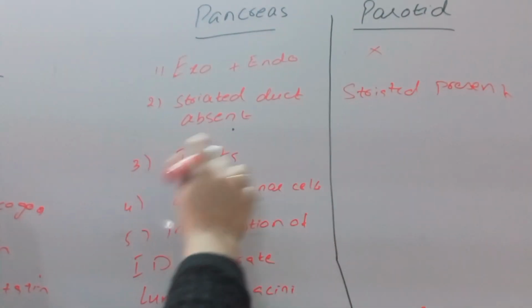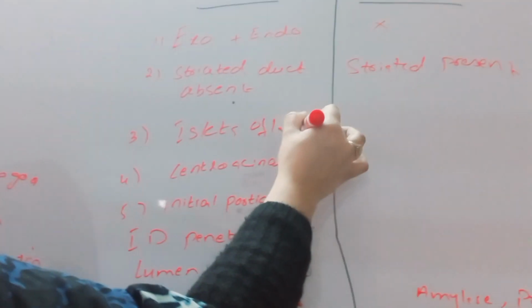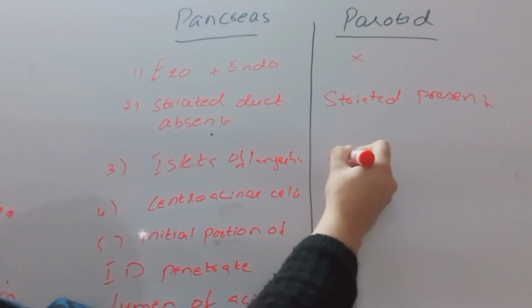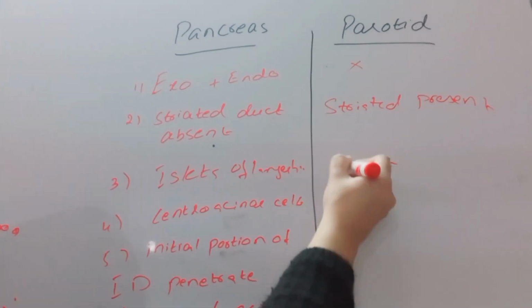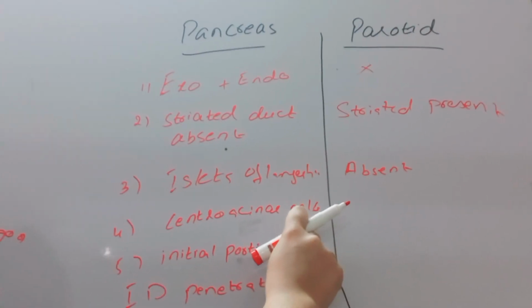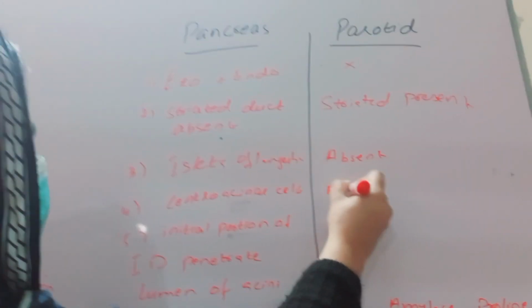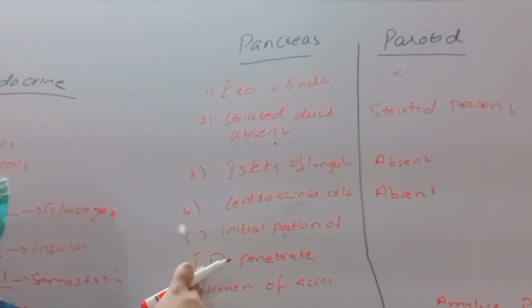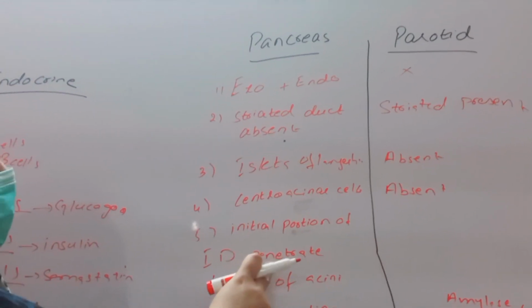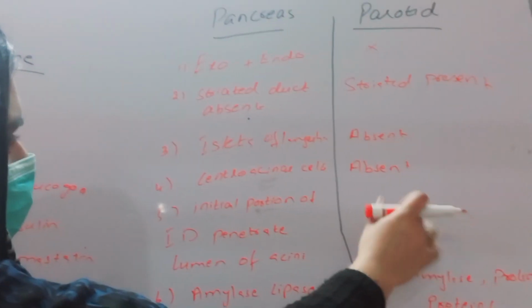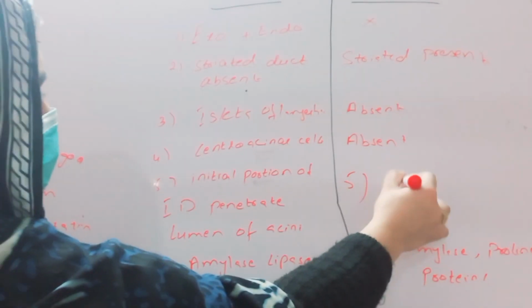Then we have islets of Langerhans in the pancreas, but these are absent in the parotid gland. Then we have centroacinar cells in the pancreas, which are absent in the parotid gland. Then we have the initial portion of the intercalated duct which penetrates the lumen of the acini, but this is not the case in the parotid gland.